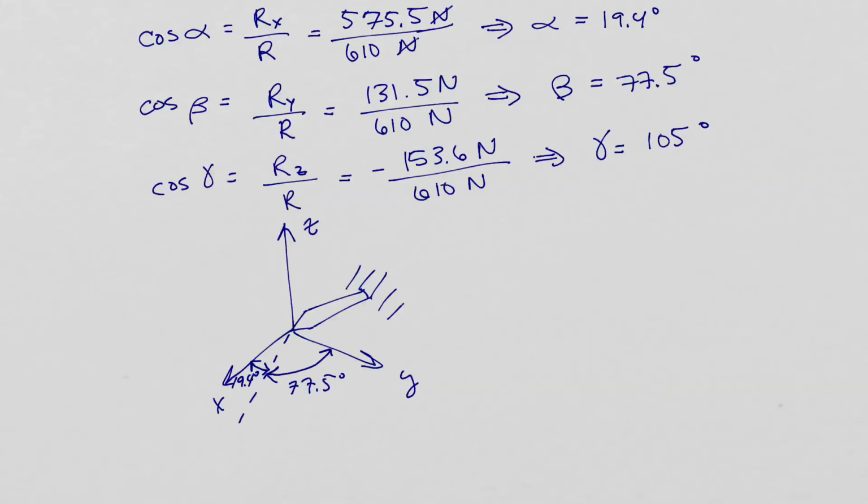And then the angle from the z-axis down here is 105 degrees. So that resultant force looks something like this. This is where the model would be helpful, just to put it there so you can see a little bit more clearly. And that's it.